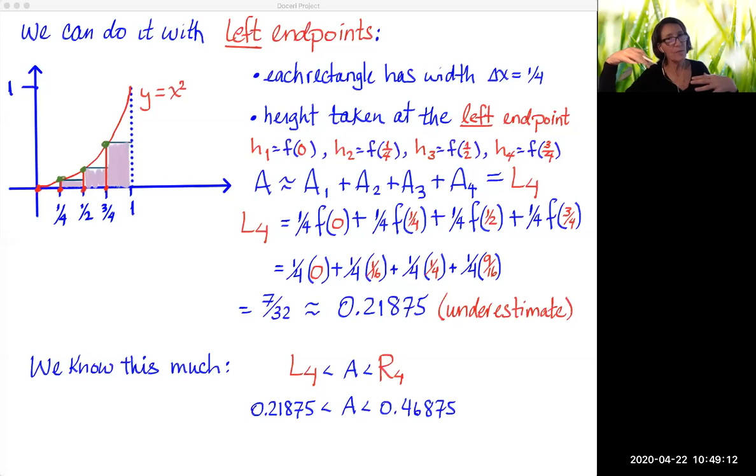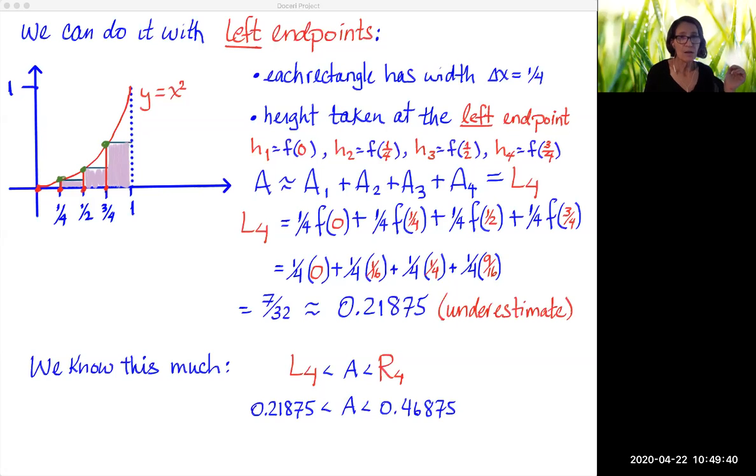If we use the left endpoint, then the rectangles are too short and there's a lot of empty space. But what if our rectangles were skinnier and we had more of them? Would there be less overage or less empty space? So we're going to try more rectangles, skinnier and more of them.